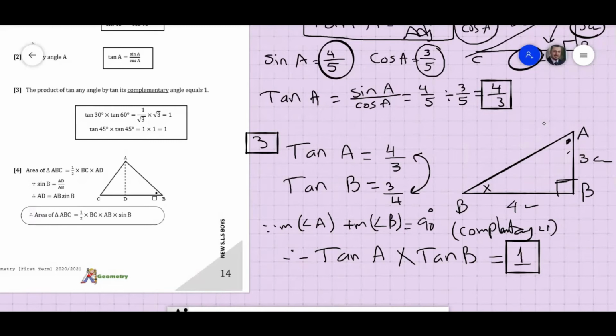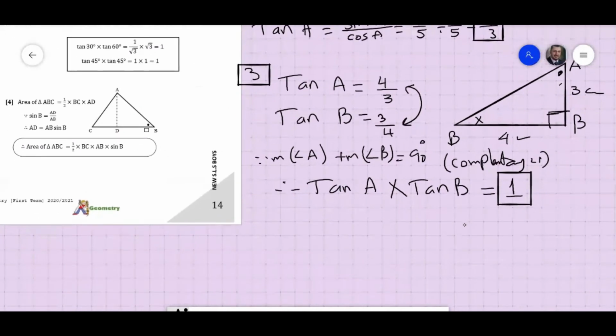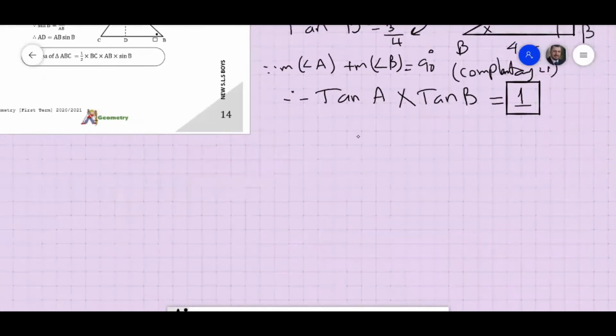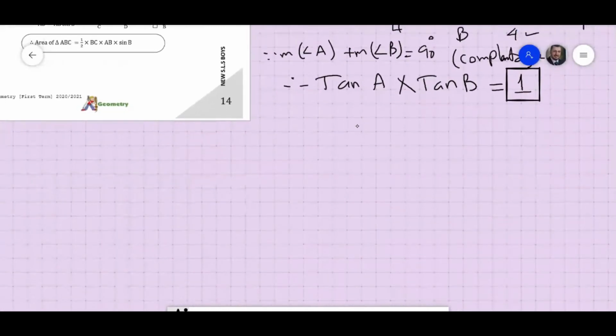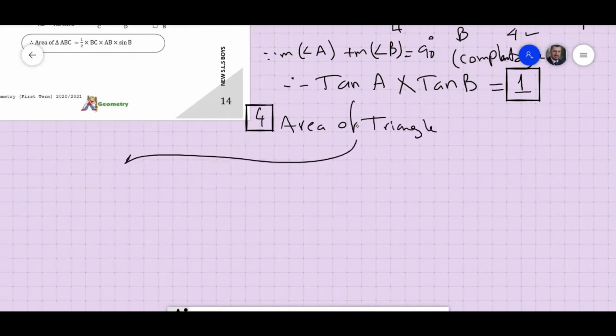You understand it? Okay. The last one, which we have, talks about the area of the triangle. This is number 4. Who can tell me the rule of the area of the triangle which we have studied before? If I have a triangle like that, and I have a height.